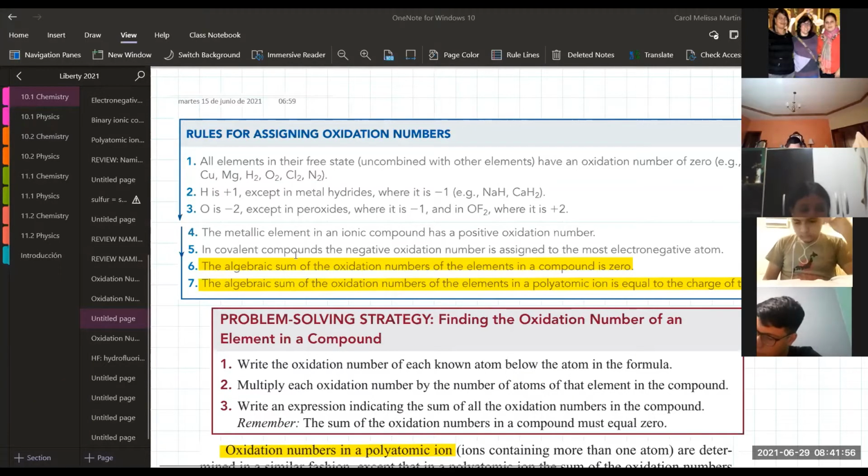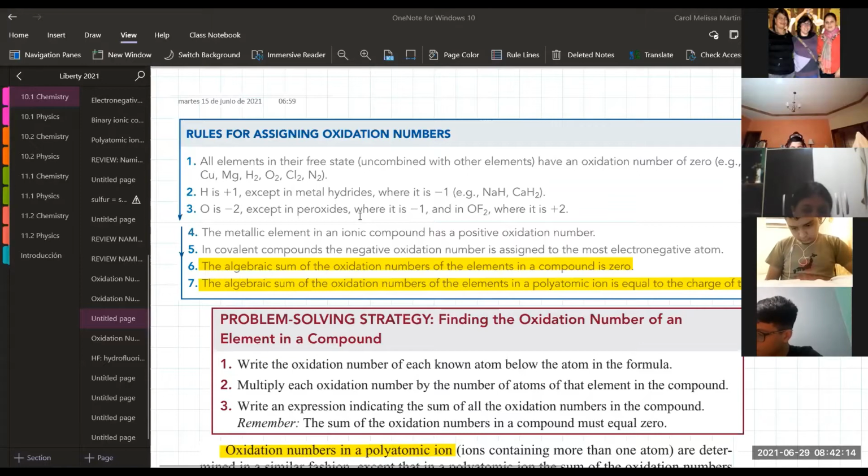Now, it is important that we read the other rules too. Metallic elements, remember metals, have positive oxidation numbers. Non-metals have a negative number.